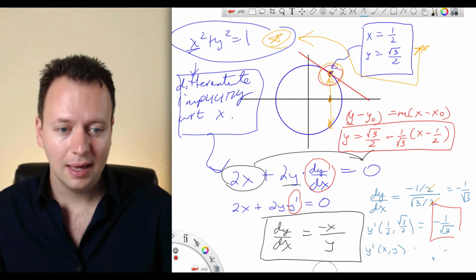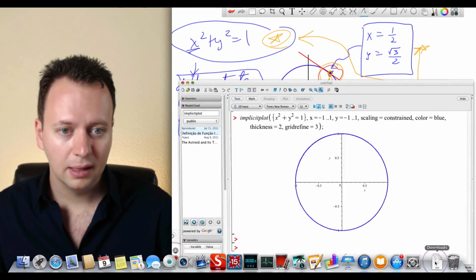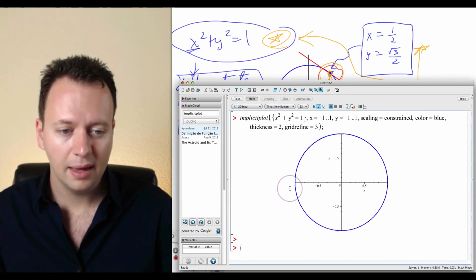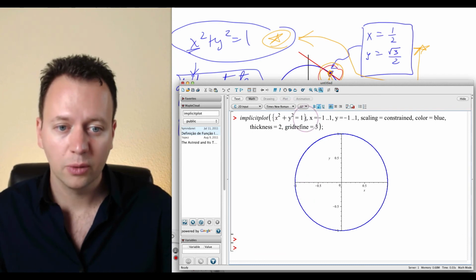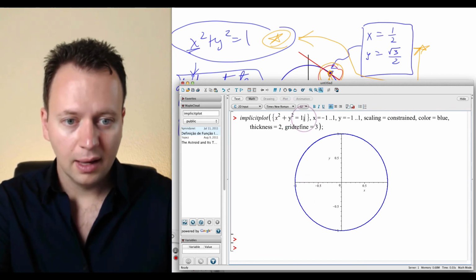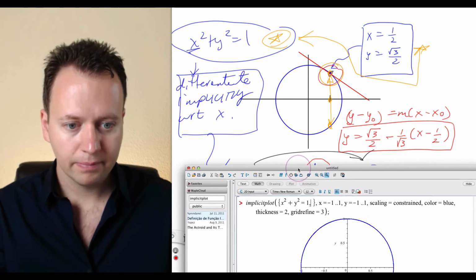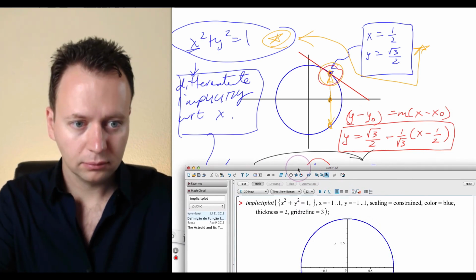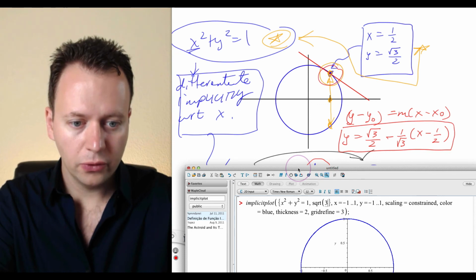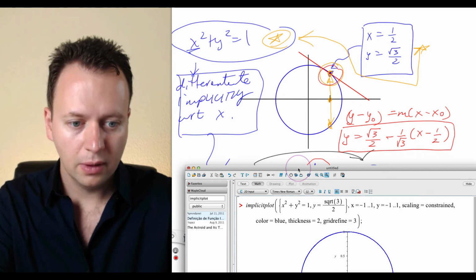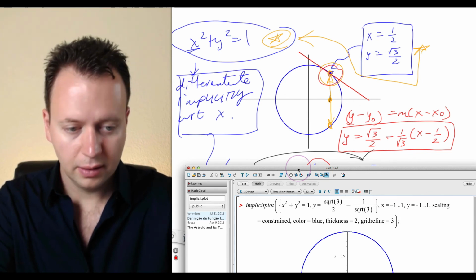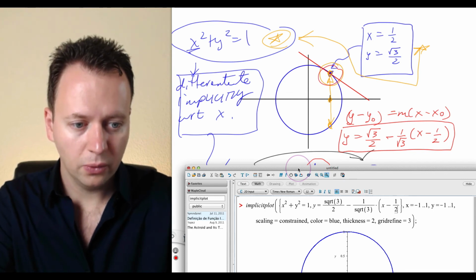Now to see if this works, here was my plot of the circle, x squared plus y squared is equal to 1. Now let's add to that the second equation, y equals square root of 3 over 2 minus 1 over square root of 3 times x minus 1 over 2.